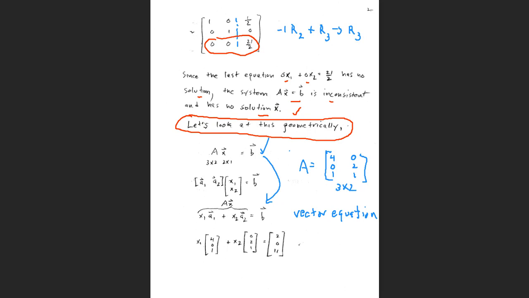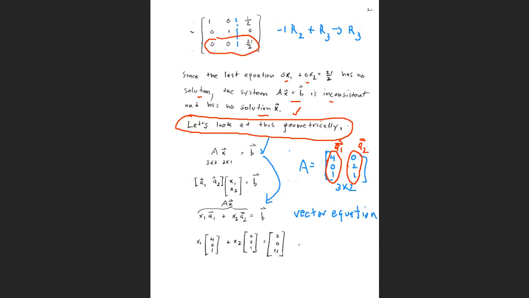The first column vector of the matrix A we'll call vector a1. The second column of the matrix A, we'll call vector a2.